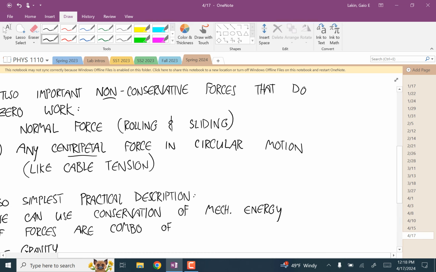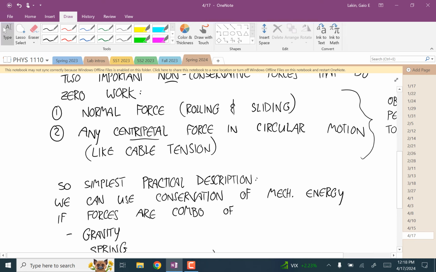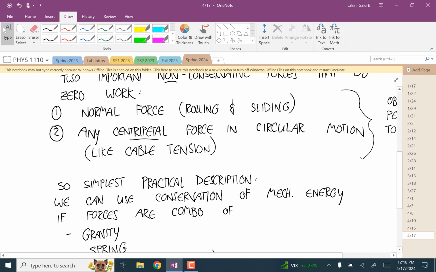So these are cases where the object is moving perpendicular to the force, and therefore they don't do any work.